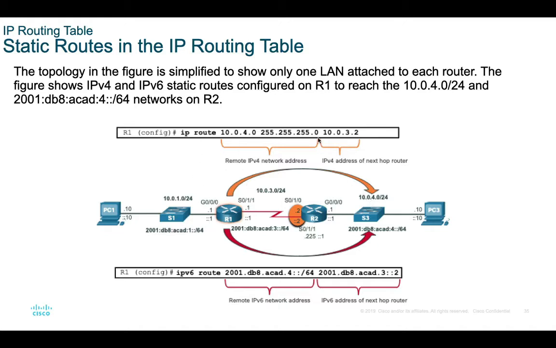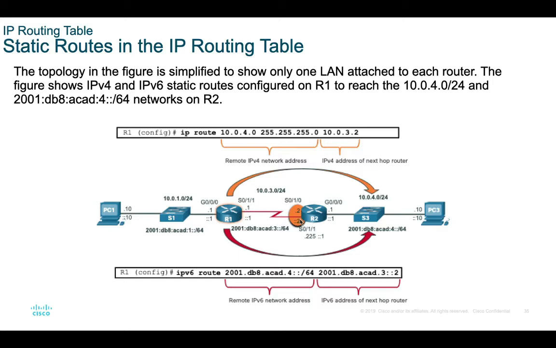So we configure it here. The next hop is the IP address of the router that is connected to our router. Our router R1 is connected to R2, and network 10.0.4.0 is inside R2. So we need to provide the IP address of R2, but the next hop is not the IP address of the interface connected to network 10.0.4, but the IP address of the interface connected to router 1.